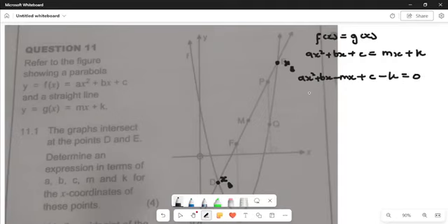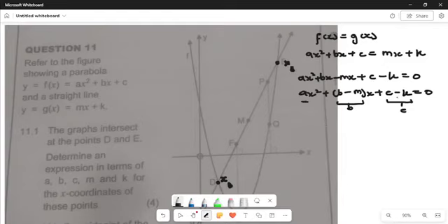We can further simplify this and say ax squared plus, I'll factor out x, and then I'll remain with b minus m multiplied by x, then plus c minus k. So notice that this is a quadratic equation and it is in standard form. That's our value of a, and then this will be our b, and this is our y-intercept, the value c.